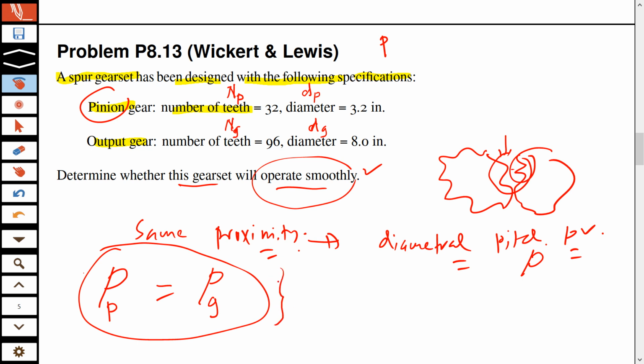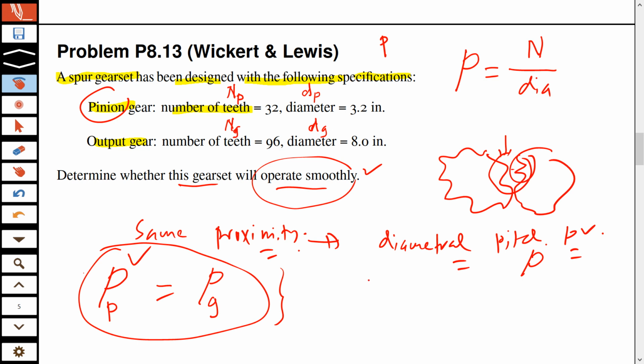So we need to check this. The formula for the diametral pitch for any gear, whether pinion or output, is just the number of teeth on the gear divided by the diameter.